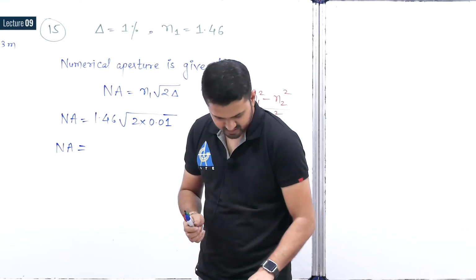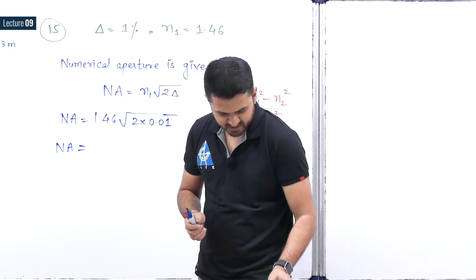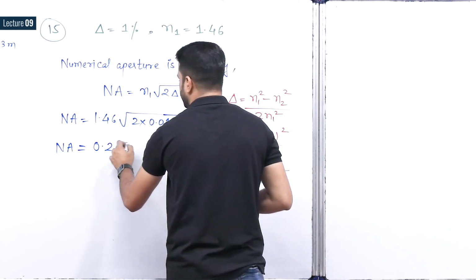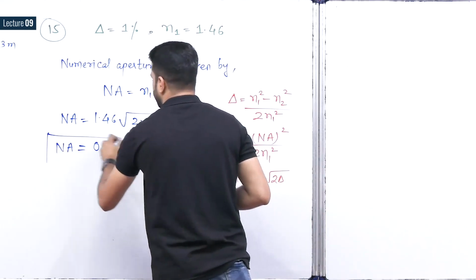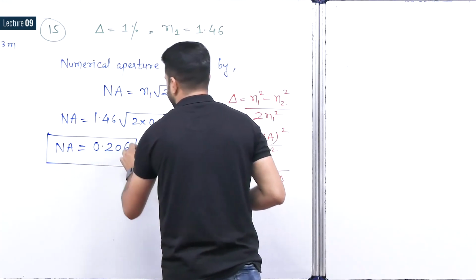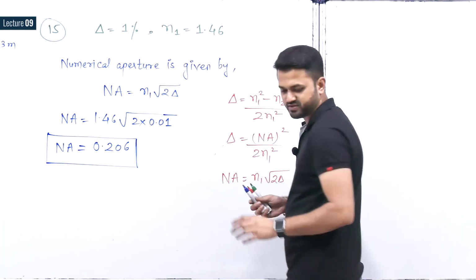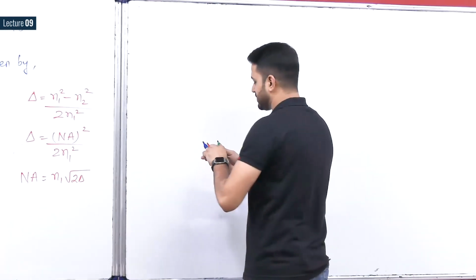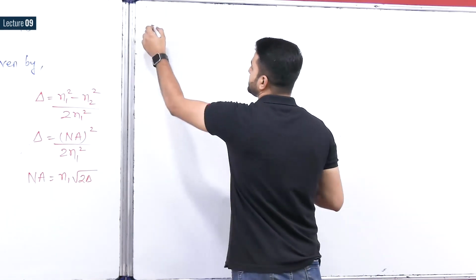The value of this numerical aperture is 0.206. So this would be the answer. This is a numerical answer type question. Okay. So next is question number 16.